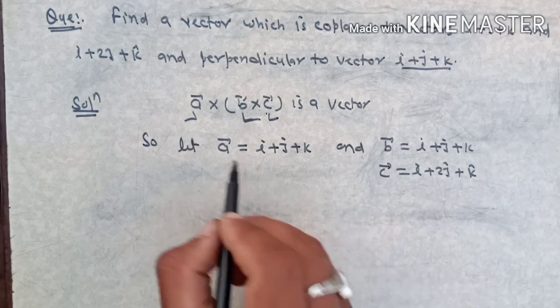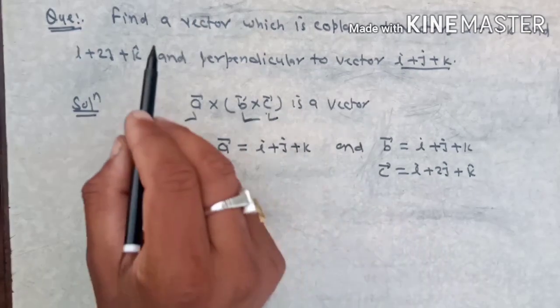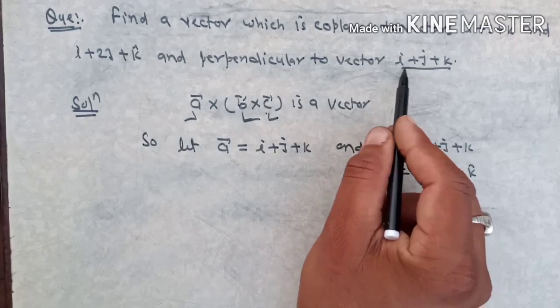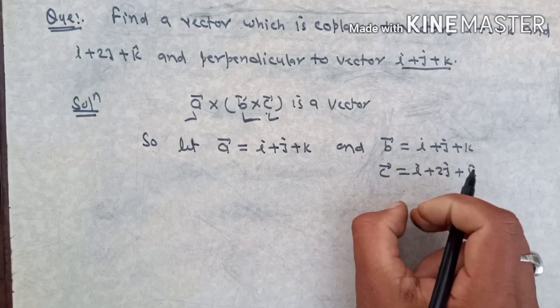Vector A is the vector to which the required vector is perpendicular. Vector B and vector C are two vectors.